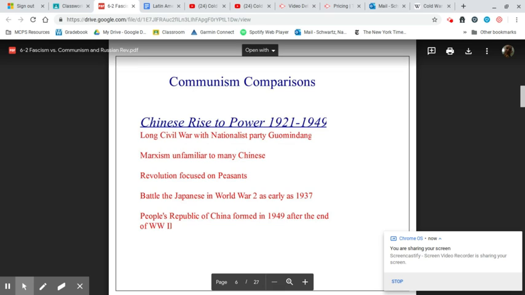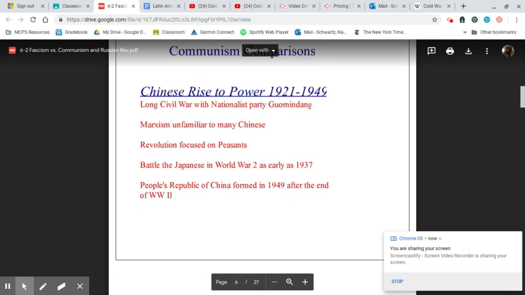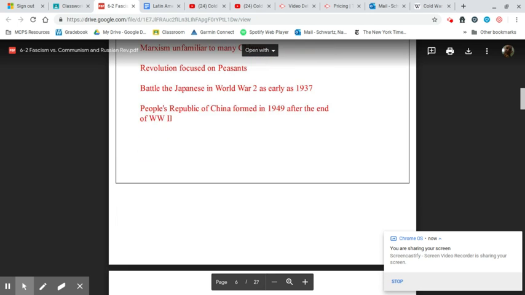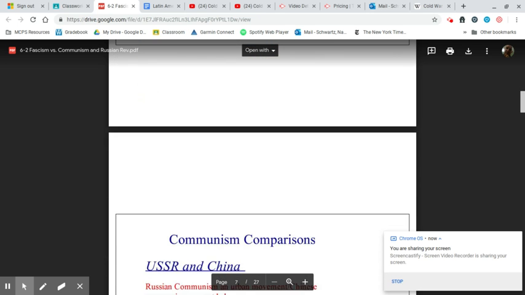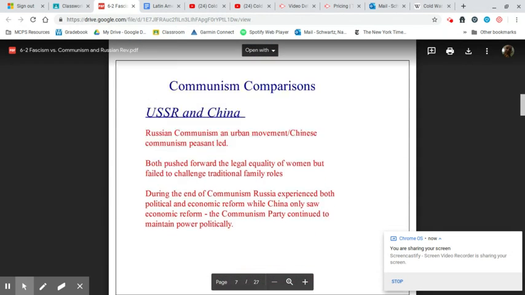And in fact, within just a matter of years, by 1949, they defeated the nationalists fully, pushed the nationalists to the island of Formosa, which is today known as Taiwan, and declared the People's Republic of China. So that is a really different type of communist struggle that Marx probably would have never recognized with the idea of a peasant-led revolution.